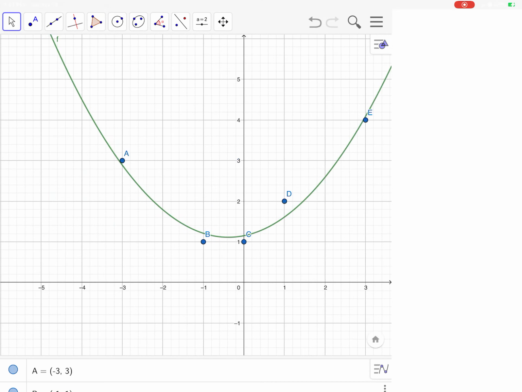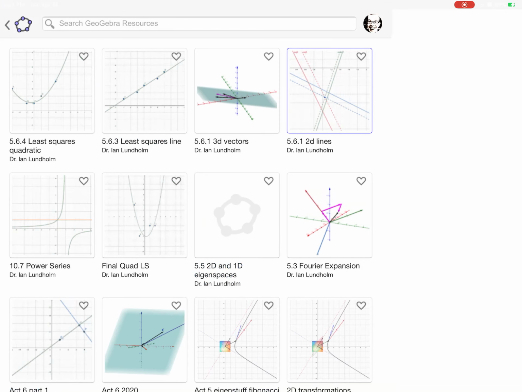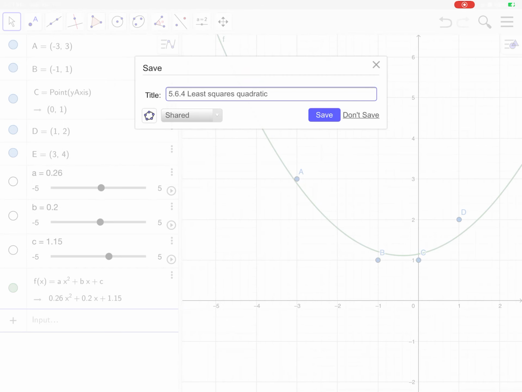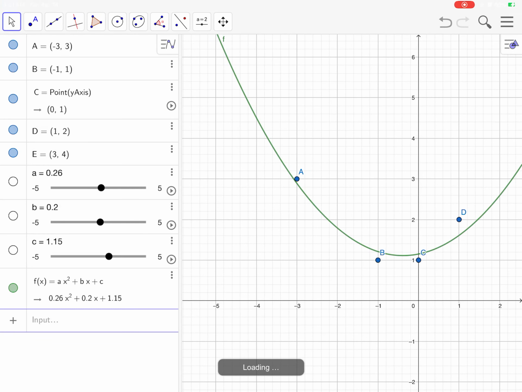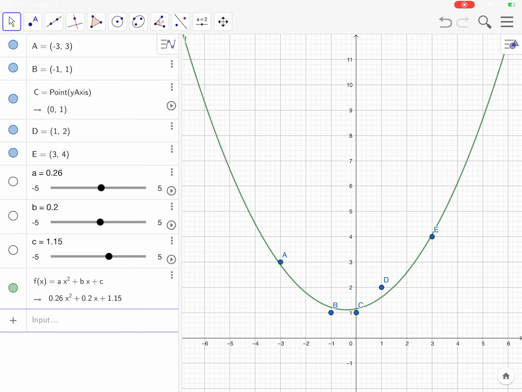Those are the coefficients. I wrote them as A, B, and C here. Those are the coefficients on our quadratic interpolating polynomial. So that's pretty cool.